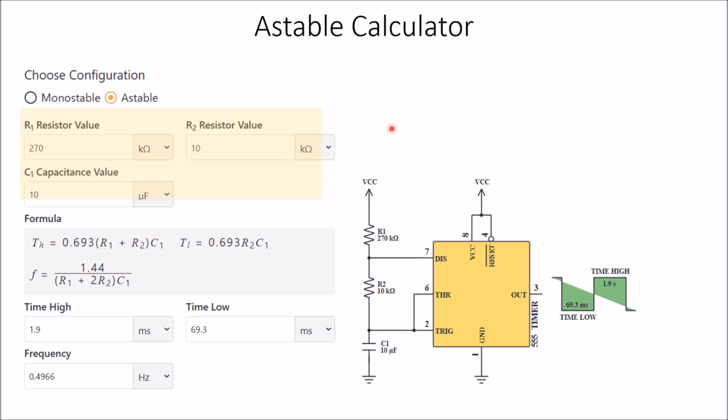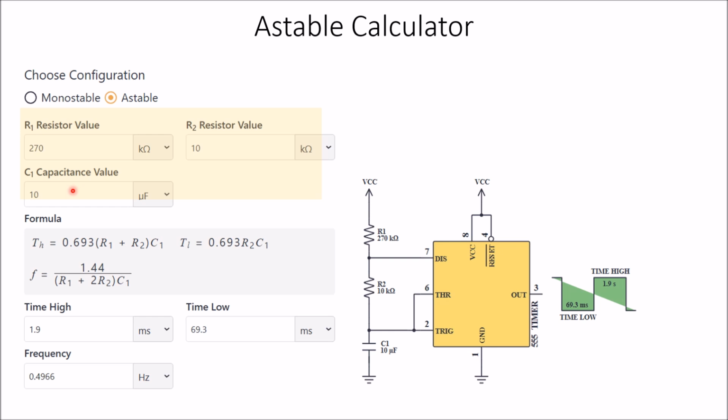Okay, so this is the astable circuit for the 555 timer, and this is the one we're going to be focusing on for the actual sequencer itself. So once again, you choose the configuration, in this case astable. You pick the resistor values for R1 and R2. In this case, you need two resistors, and you need a capacitor value to be inputted.